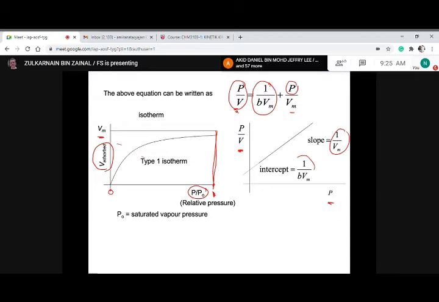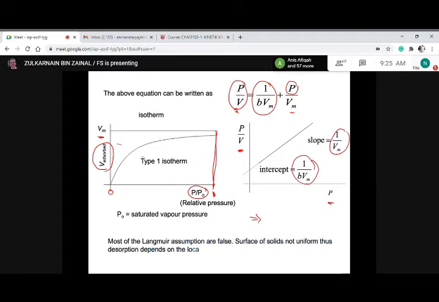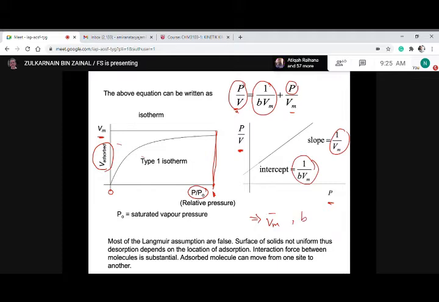You get the slope and you get the intercept, meaning that you can already get the value of Vm from the slope, and you can get the value of B from the intercept. So you can get both values.